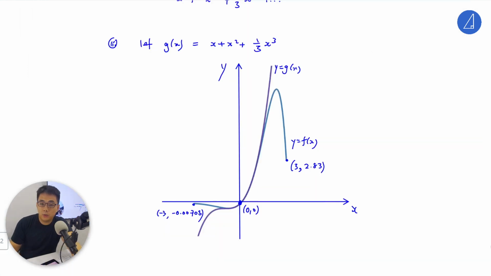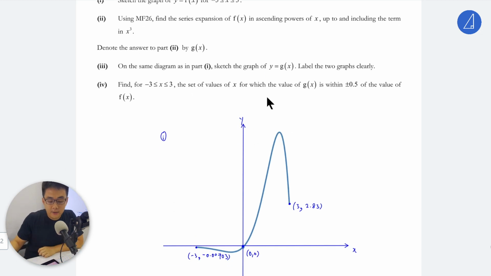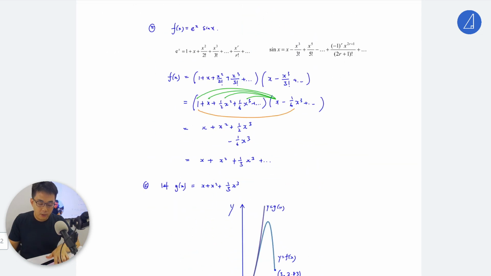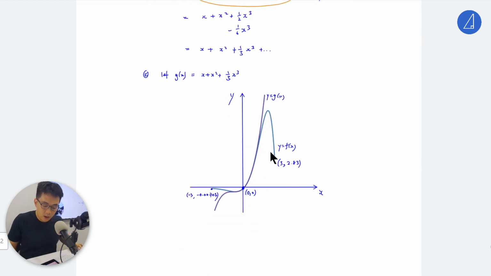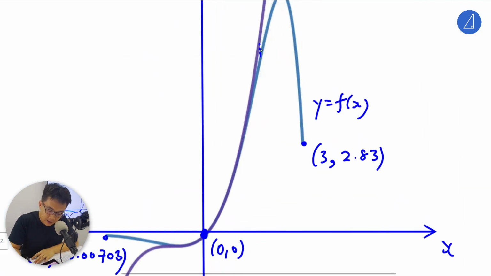So we are told to label the two clearly. So you label this as y equals f(x). This one label as y equals g(x). I want to do part 4. Part 4, set of values of x for which g(x) is within plus minus 0.5 of the value of f(x). Meaning to say you want to find a deviation where this gap is 0.5.